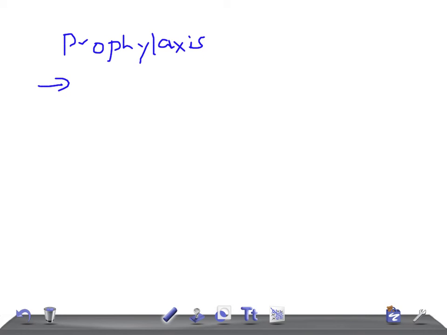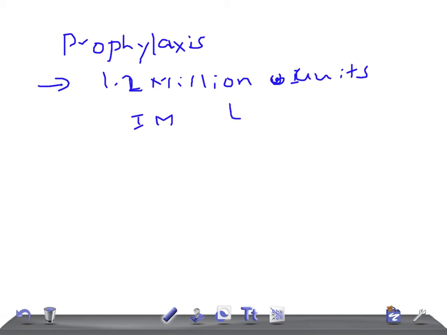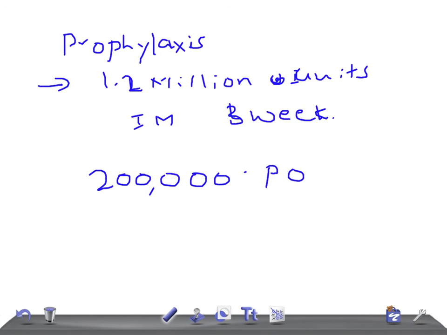That is benzathine penicillin G, 1.2 million units IM every 3 weeks, or penicillin 200,000 units orally, 3 times per day.